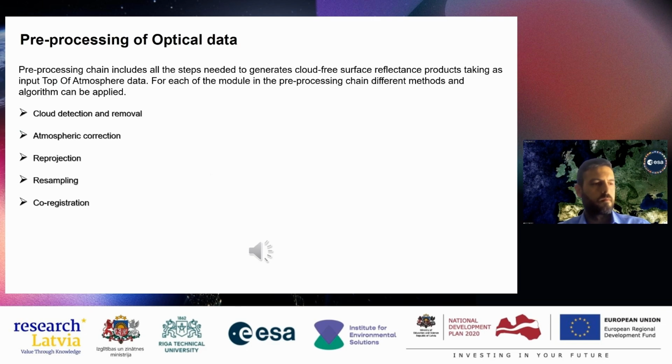We need to apply atmospheric correction to take into account gases and particles present in the atmosphere that can affect the incoming radiation, and we need to compensate this effect. Optical data pre-processing includes also cloud detection and cloud removal algorithms. Other pre-processing steps that may need to be applied are the reprojection, resampling, and co-registration.